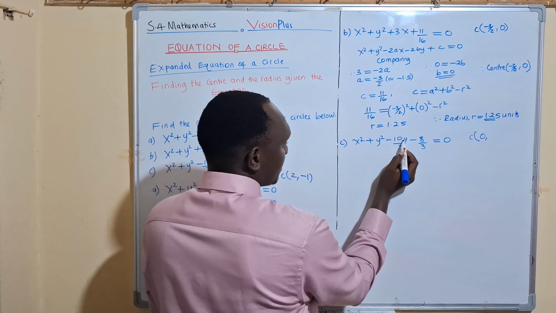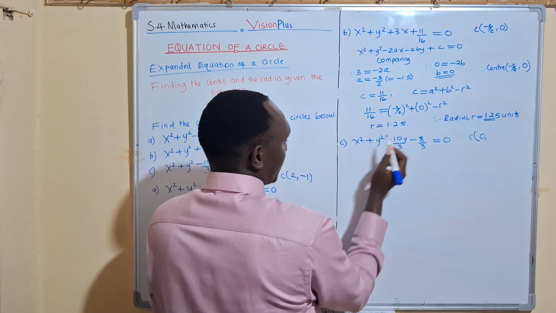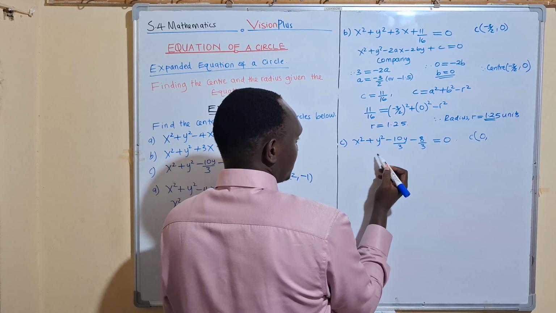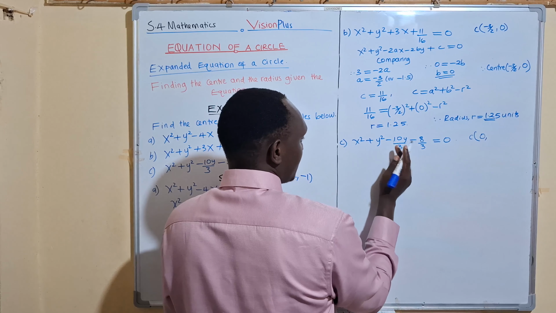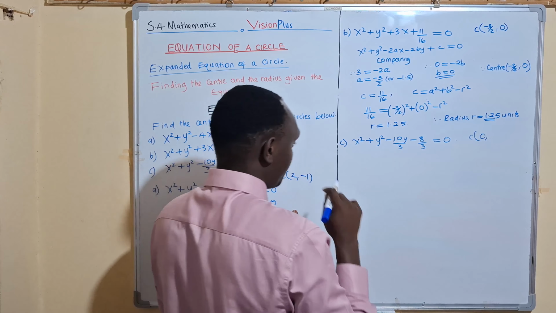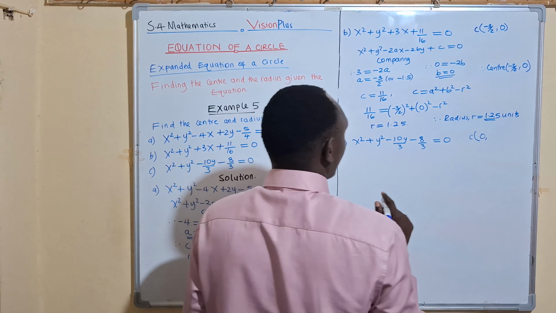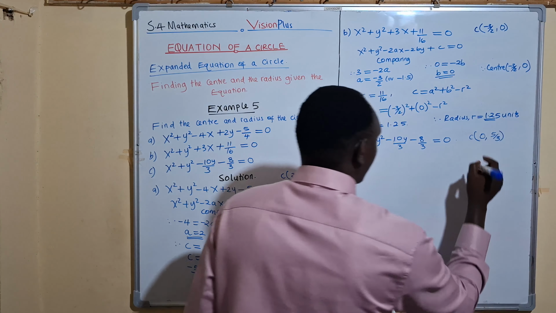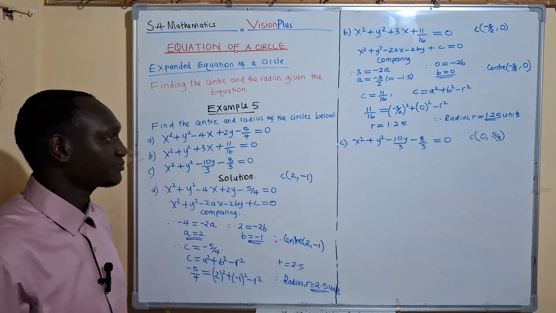And now the term in y is here. It is negative 10 out of 3. I told you that we start by changing the sign to positive. So here we shall have positive 10 out of 3 divided by 2. I'm getting positive 5 out of 3. Let's see if we can get that answer.